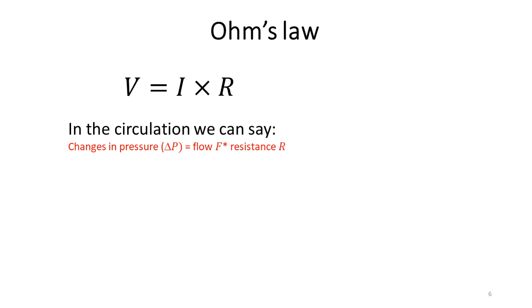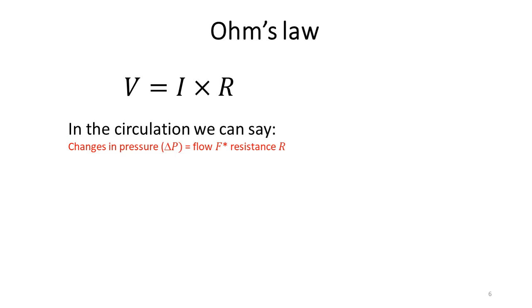Imagine V as delta P, or changes in pressure inside the vessels, and I or current as flow or F, and resistance is the same. So we can change Ohm's law in physics to delta P equals F multiplied by R. Changes in pressure is equal to flow times resistance.